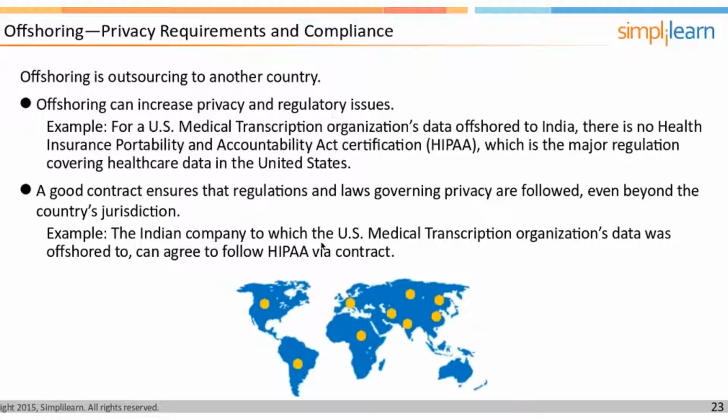So how can you ensure that the Indian company follows HIPAA? In that case, there could be a good contract between the two companies, in which the Indian company agrees to follow HIPAA for the US company that they work for. Okay, so that is offshoring.